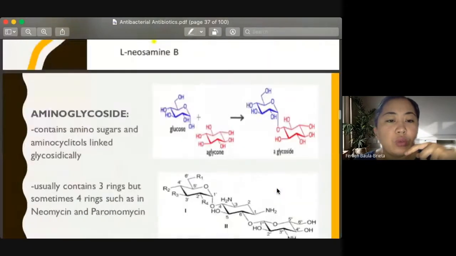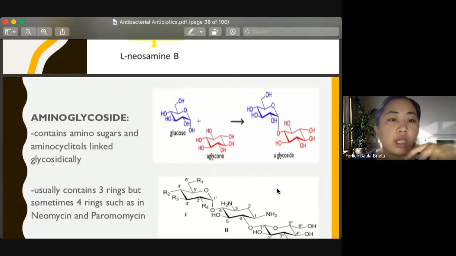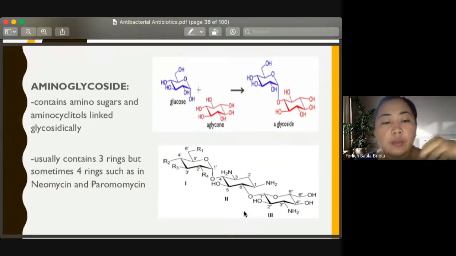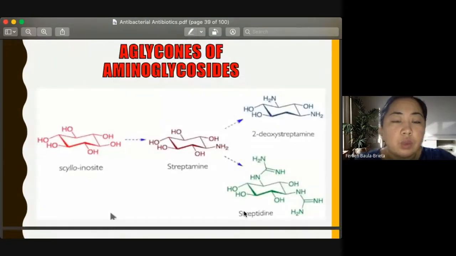So moving forward again, it's amino sugars linked glycosidically. Usually it can have three rings, sometimes four rings. So it's a combination of our hexose, aminohexose, and pentose. So these are the aglycones of the aminoglycosides: we have 2-deoxystreptamine, and we have streptidine.